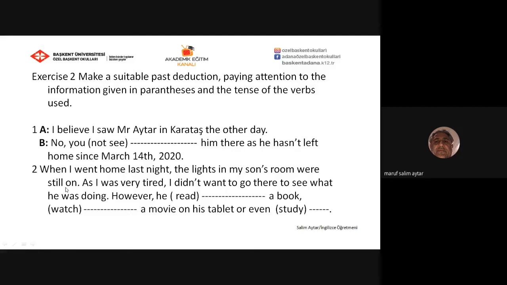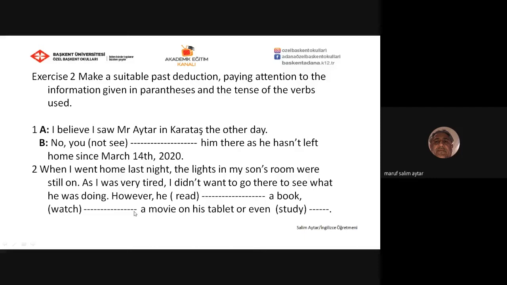The second one says, when I went home last night, the lights in my son's room were still on. As I was very tired, I didn't want to go there to see what he was doing. However, so a weak deduction about past continuous, huh?